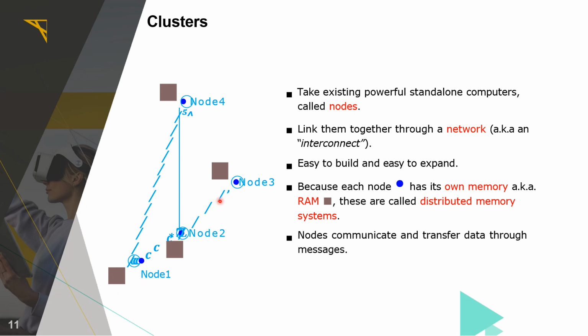This system is what we call a distributed system, meaning the nodes exchange data by sending messages over the network, and each process has its own dedicated RAM, as opposed to shared memory. They have their own RAM, their own CPU, and their own storage, but they are still interconnected.